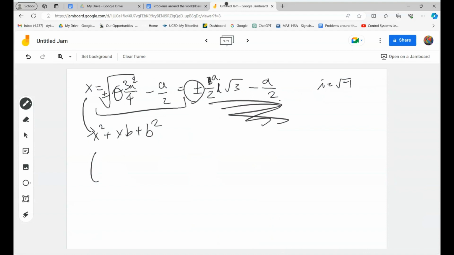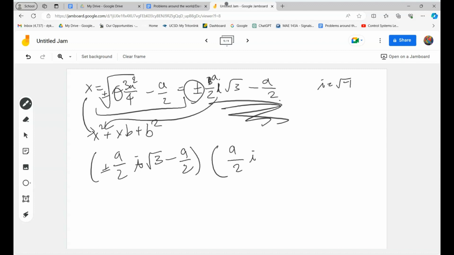Now what we do next is this is plugged into here. Now plus or minus a divided by 2 i square root of 3 minus a divided by 2. So this is plus or minus, so we can get multiple answers here. My a's look like 9s, I know.